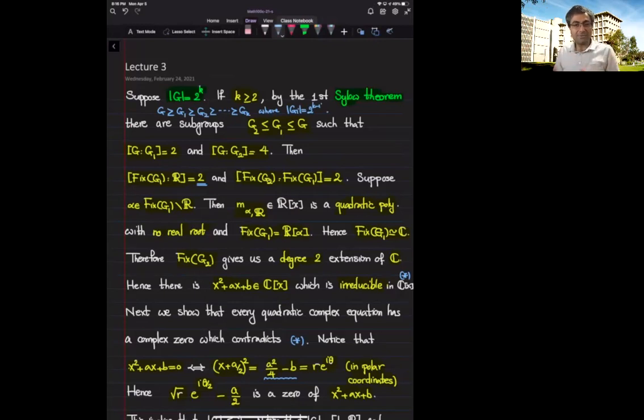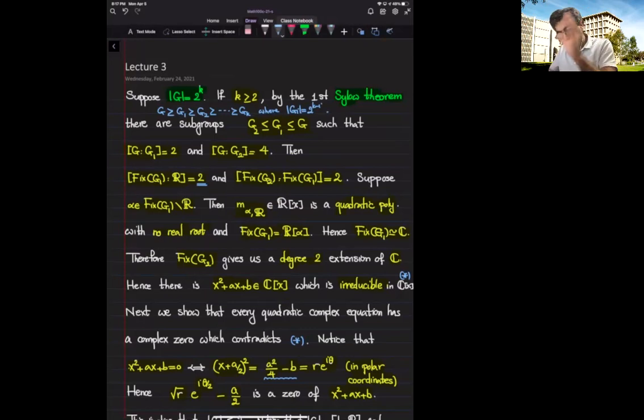If I give you a finite group and tell you 2 to the power k divides the cardinality of this group, then Sylow's theorem guarantees the existence of a chain of subgroups of this group that have cardinality 2 to the power k minus i, as i ranges from 0 to k. Now I pick only the top 2 elements, assuming that my group has at least 4 elements, if k is at least 2.